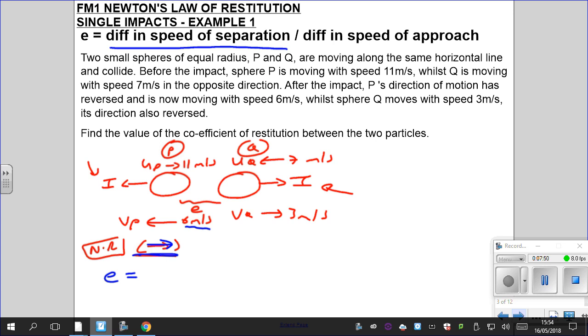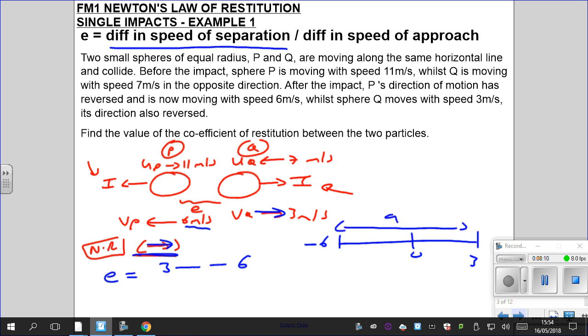So the fastest thing going to the right is 3, minus, because it's difference, the next thing, which is 6, but that is in the opposite direction, so it's going to be minus 6. Think about it. It's like having minus 6 on a number line, and there's 3, and there's the origin. What's the absolute difference between the two numbers? Well, you can see it's 9. Okay? But think about it that way.